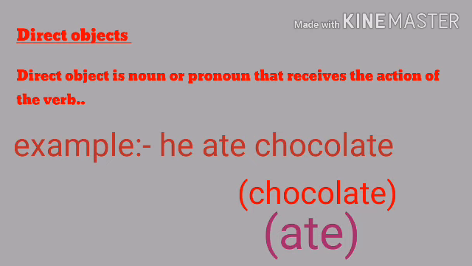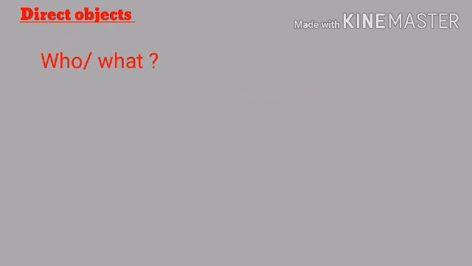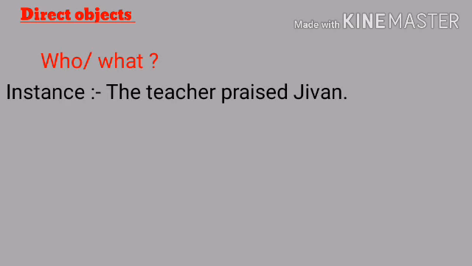Dear children, I will tell you the simple method to identify the direct object. To identify the direct object, you have to ask the question who or what. For instance, the teacher praised Jivan.